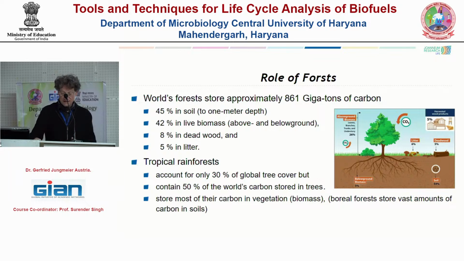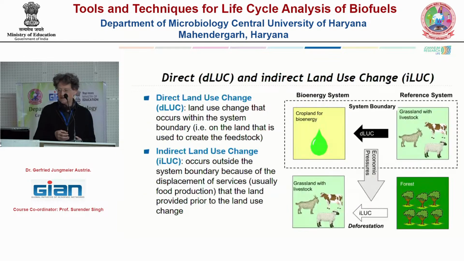And this is a big issue, also relevant for biofuels, especially for the first generation biofuels, because in most cases you have a kind of land use change, divided into direct and indirect land use change. And this is a very hot issue being discussed in the last decade or so.